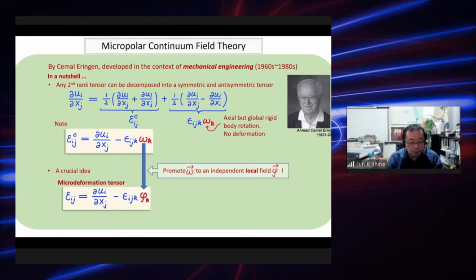Okay? This is the essential point of this theory. So by introducing this rotational field, we can construct the so-called micropolar continuum field theory, which was developed by Eringen in a context of mechanical engineering.